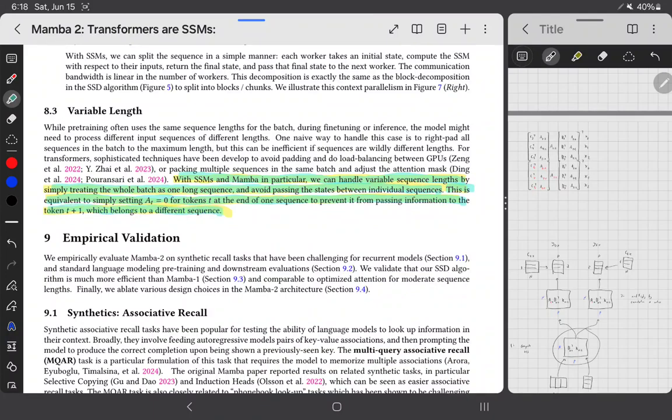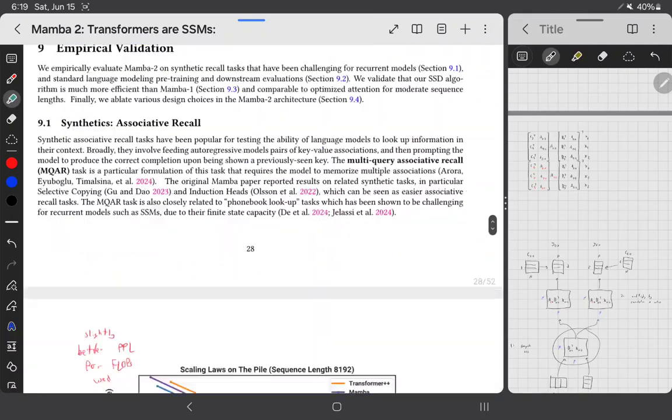So basically, you can just have this hidden state go through the entire sequence of all your sequences in your batch, where the hidden state is reset to 0 whenever it reaches a new part of your batch. And this way, you don't have to worry about padding at all, which is nice because that means you don't have to worry about computing things that are useless. So this is a cool thing that they mention.